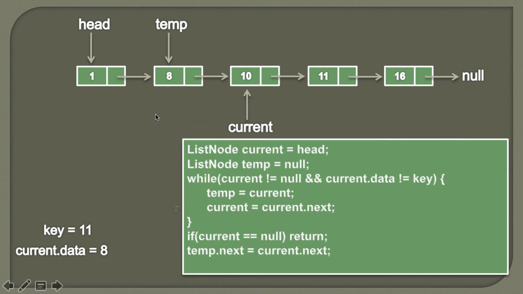Moving ahead, now again current is not equal to null and current data, which is 10, is not equal to 11. Therefore the condition in the while loop comes out to be true. We'll assign current's value to temp, and current points to the third node, therefore temp will now point to the third node. And now we'll traverse current to its next position by assigning current.next to current.